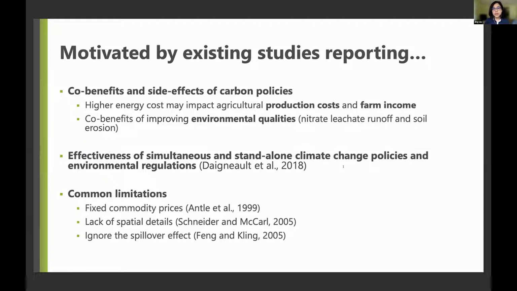And so we definitely see some mixed outcomes out of those carbon policies. And this raised another type of question about the efficient design of climate change policy and conservation policy.